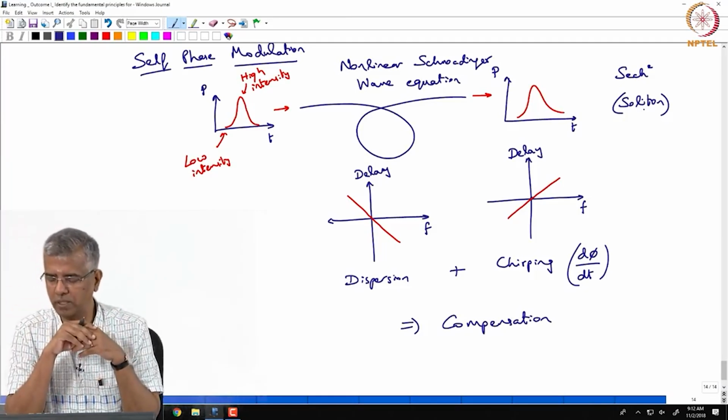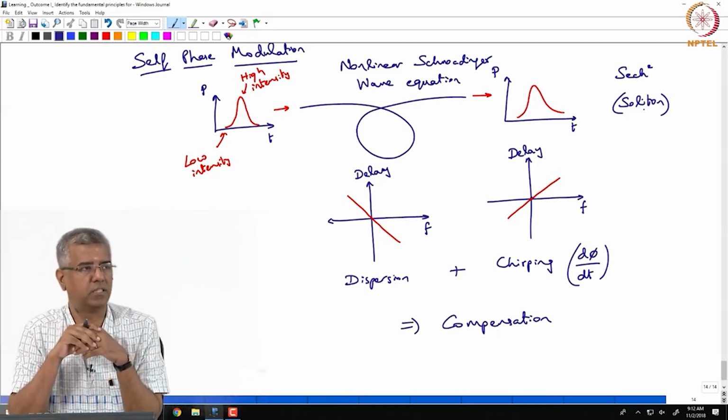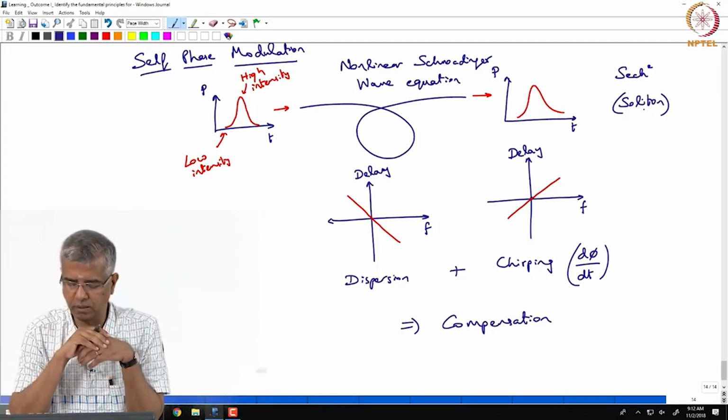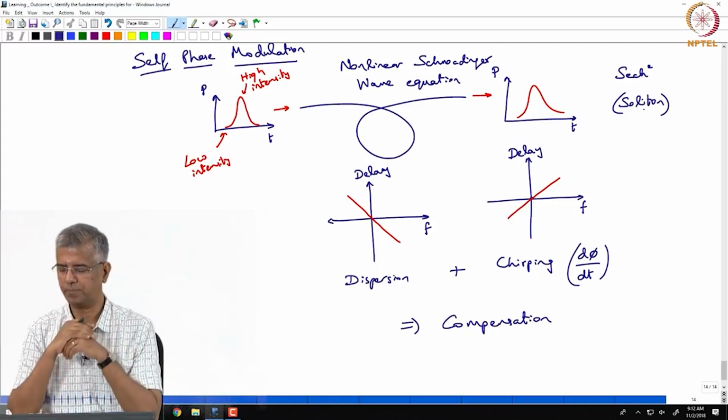So that's what we call a dispersion managed system. That's what is practically implemented in modern day communication systems.